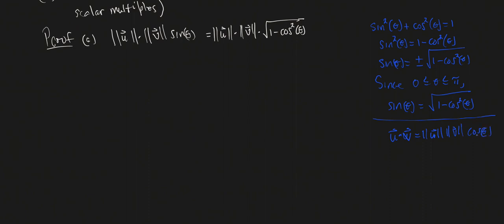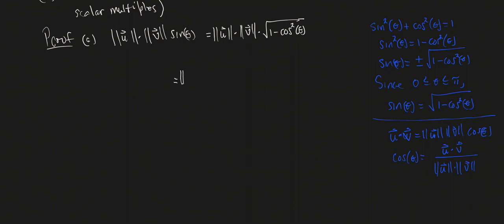That means if I solve this equation for the cosine of theta, the cosine of theta is u dot v over the magnitude of u times the magnitude of v, basically just dividing both sides by the magnitude of u and the magnitude of v. So where there's a cosine squared, I can replace it by all of this squared, right? So let's do that.